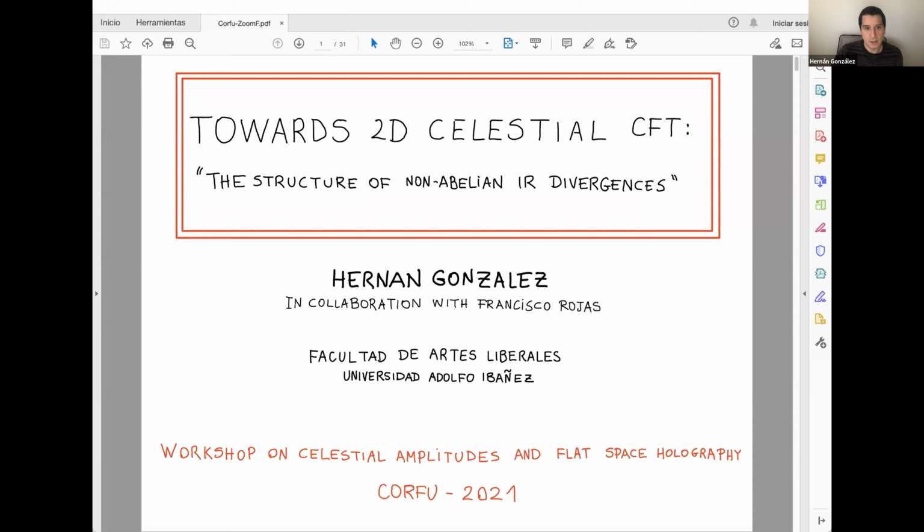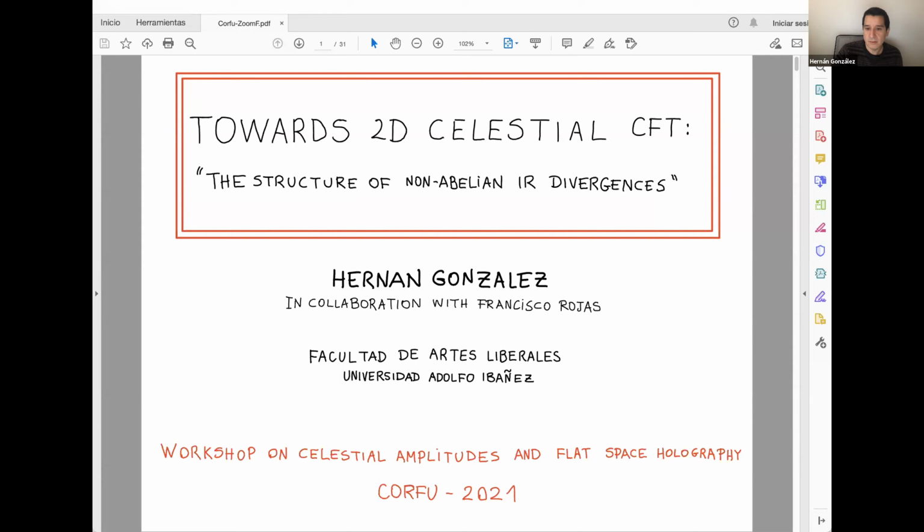Let me first start by saying what happens in the case of momentum bases. In general, gauge theories suffer from long-distance singularities, so there are exchanges with states with very, very low energy.